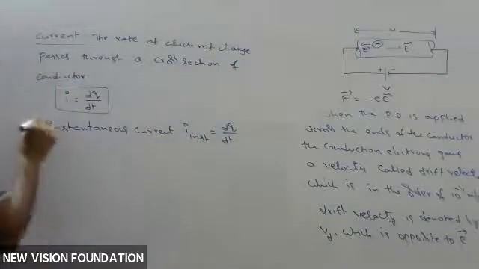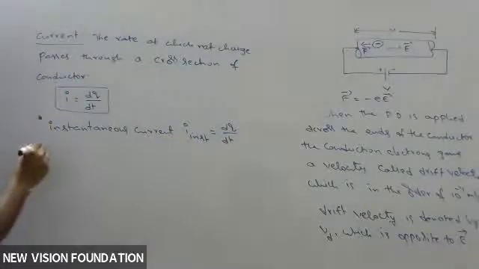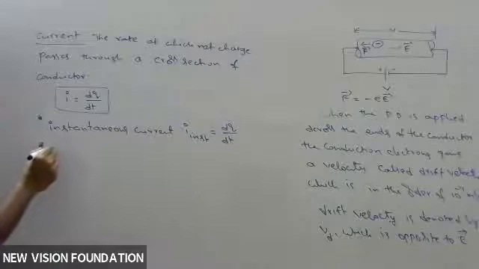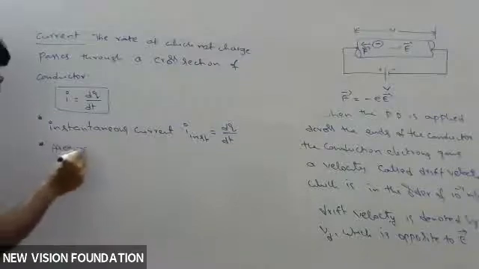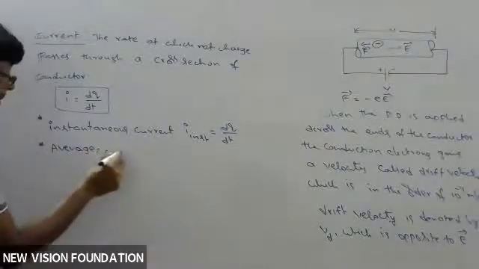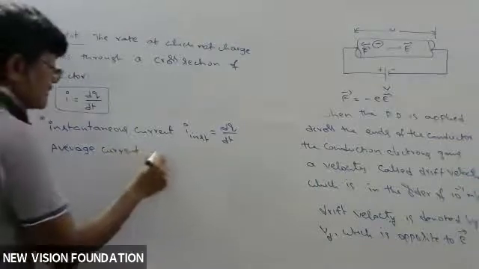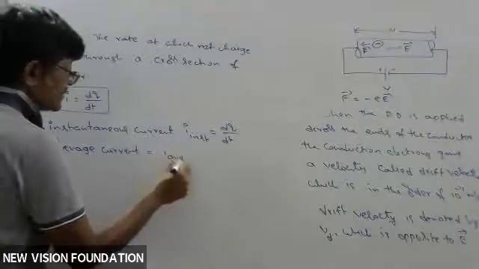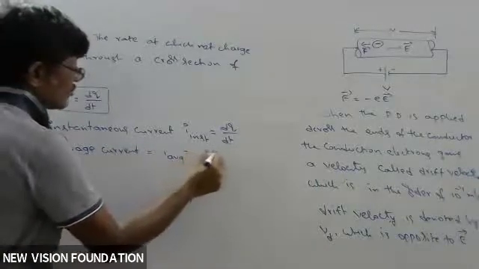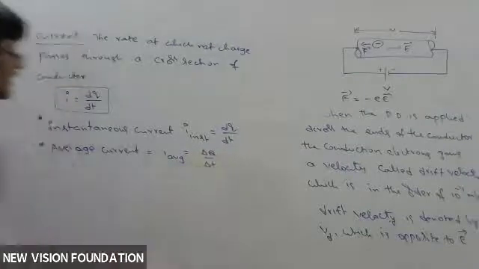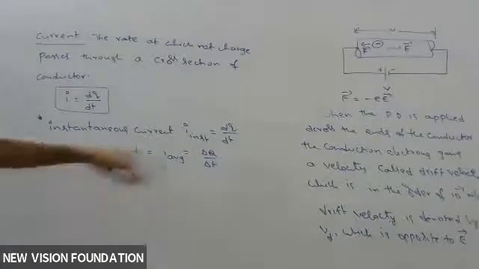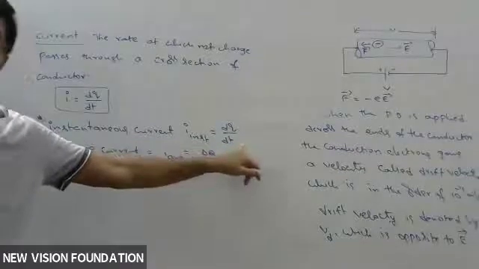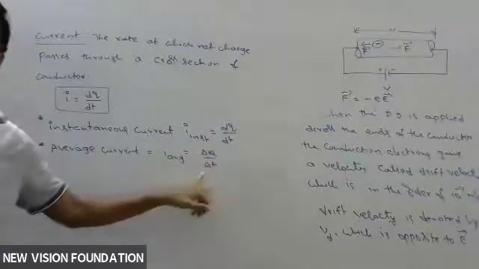This is instantaneous current. Next, for the given time interval, the current is called average current, I average, that is equal to delta q by delta t. This dt is infinitesimal time interval, whereas this is finite time interval.